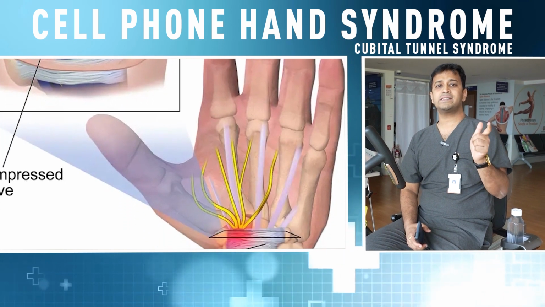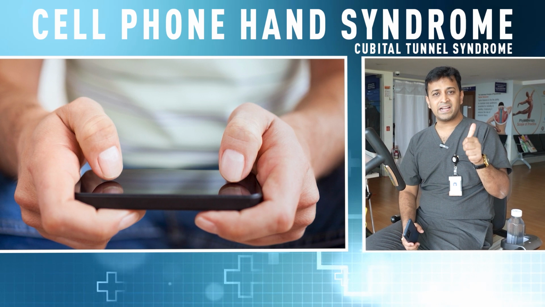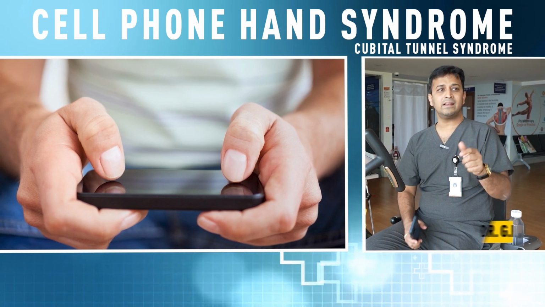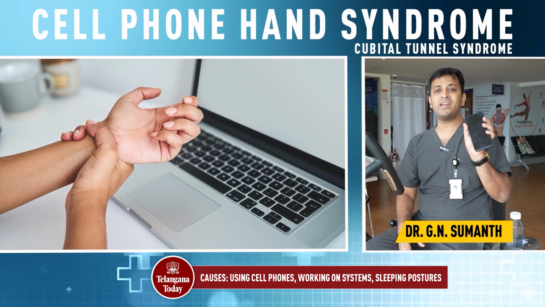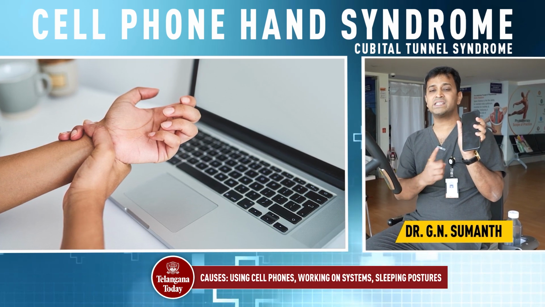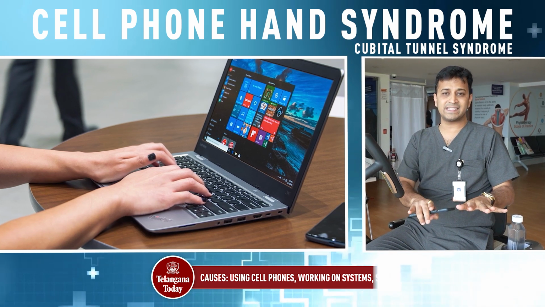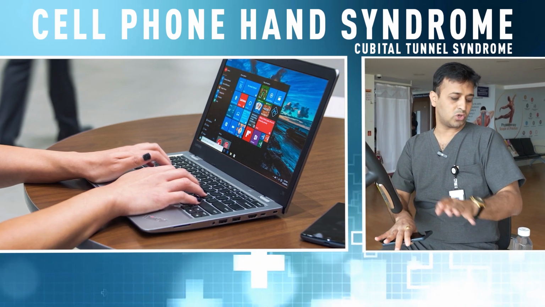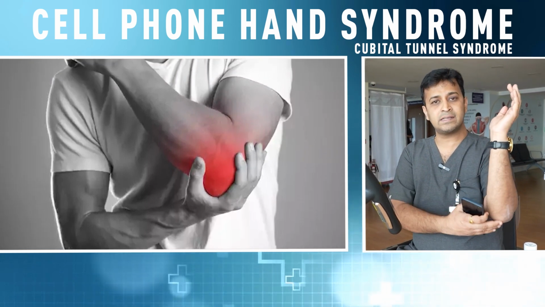How do we tackle cell phone hand syndrome? First, for whoever is suffering from it, we need to identify the reason for the problem. Will we get this problem only with cell phone usage? This is one of the causes. Most of the time we are using computer systems, and while using them you also bend your elbow, which can cause these symptoms.